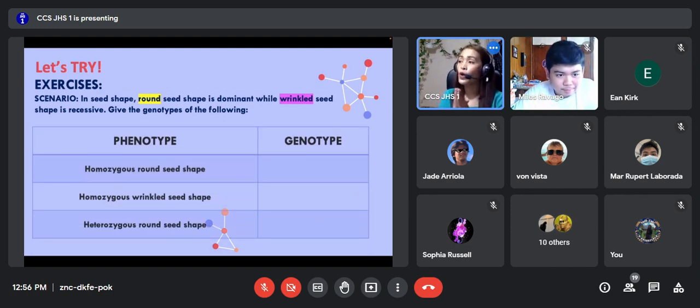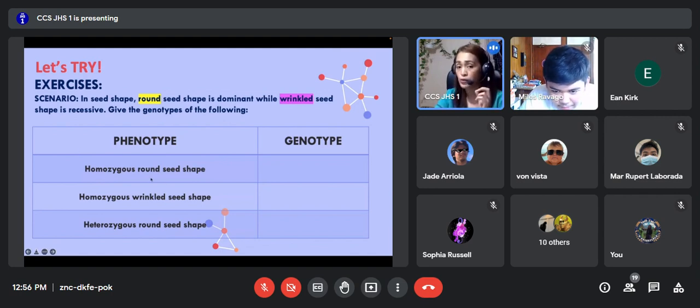First of all, what's the first letter of our dominant allele? R. That represents round. So when we code the genotype, they differ in terms of a capital R or a small r. However, let's start with the first example.